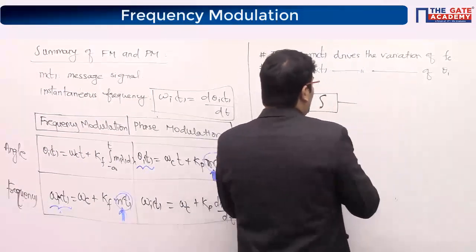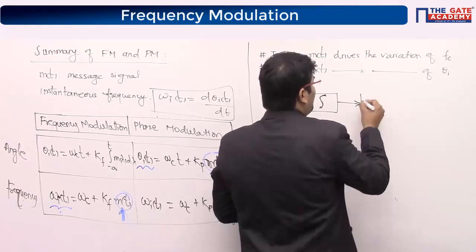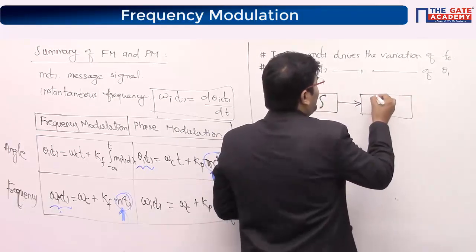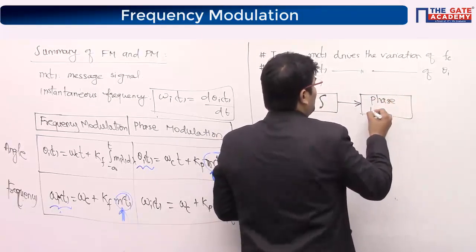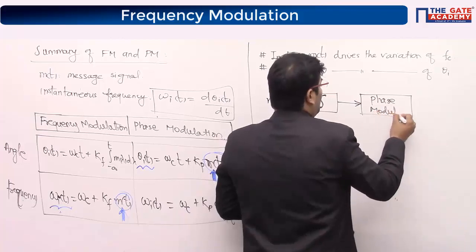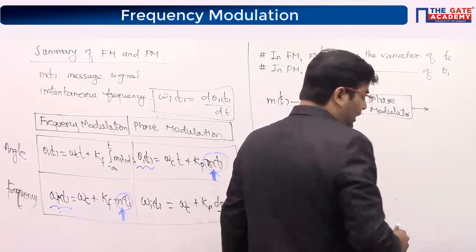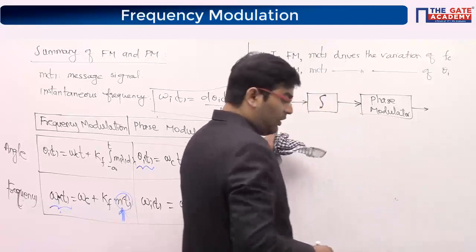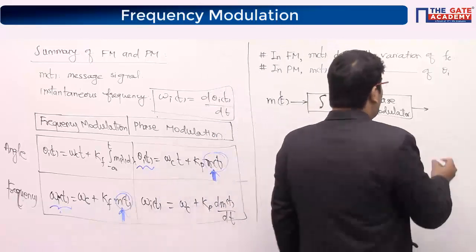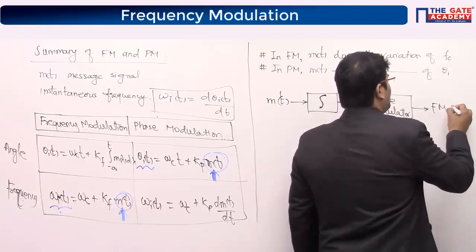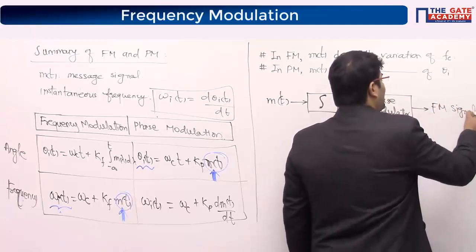I don't want to be wrong even a little bit in terms of English. And the output is what? If you are giving this, the output will be what? FM signal. Yes or no, guys?